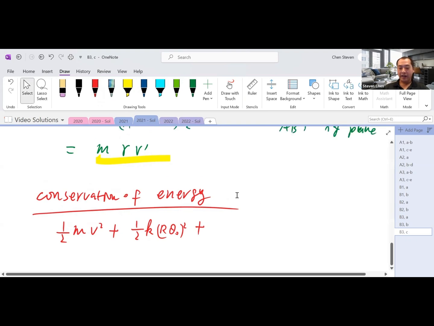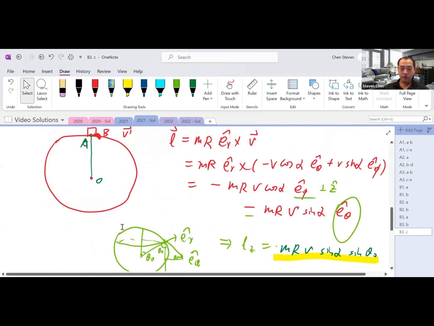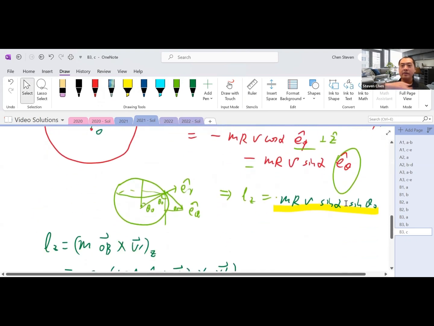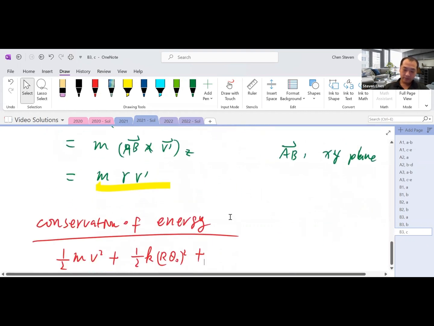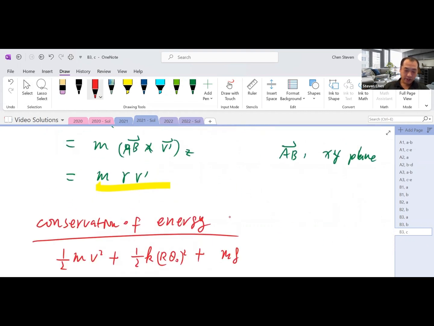For the gravitational energy, because here I'm drawing a full sphere, let me use the horizontal plane that passes through the equator, the equator plane, as the reference plane, okay? So plus mgr cosine theta now.